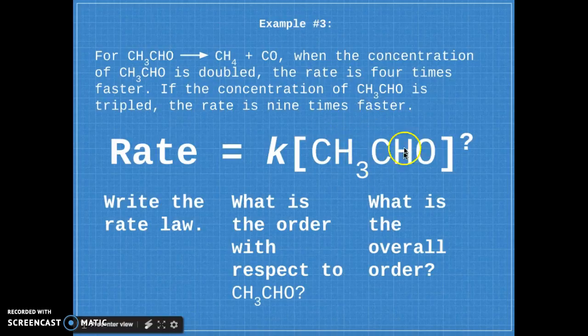If this was tripled and this goes 9 times as fast, what does this exponent have to be? So hopefully you see that the exponent would need to be a 2 in order to make this statement mathematically true. So the order with respect to CH3CHO is second order, and the overall order would also be 2 because it's the only exponent here in the rate law.